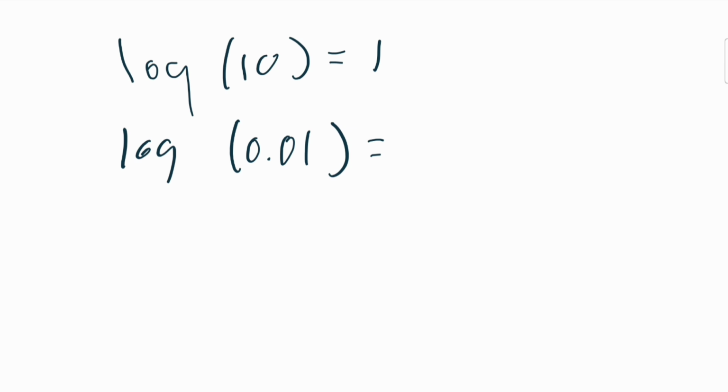What is this equal to? Well, in this case, it's going to be equal to -2, because 10 to the negative second is 0.01. Another way you can do this is to count up the zeros, and that will give you the negative this time. It's negative as it is below 1, and it is to the 100th. Great.